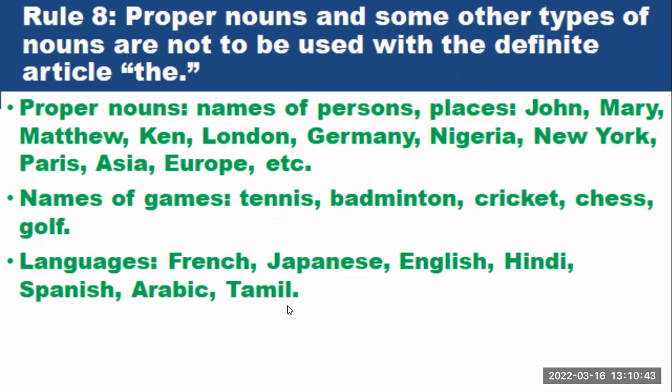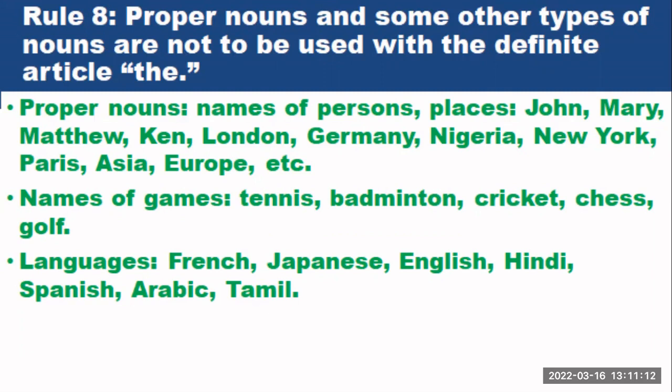All right. So proper nouns and some other types of nouns are not to be used with definite articles. For example, when you mention John, you don't need any article, all right? You don't need any article with proper nouns.